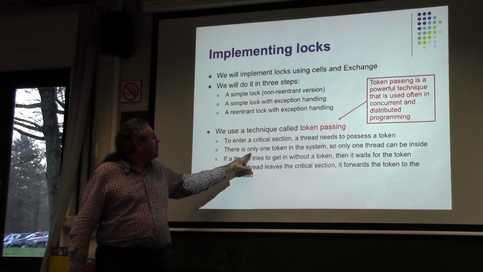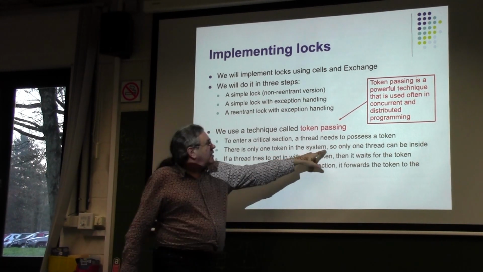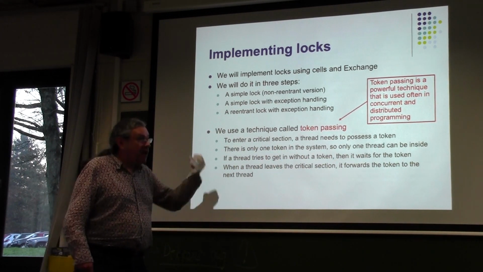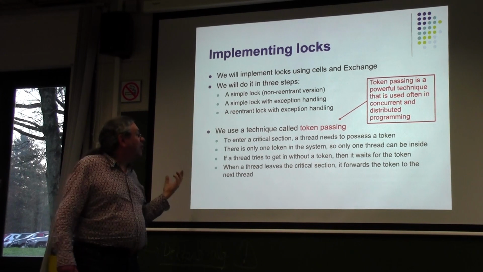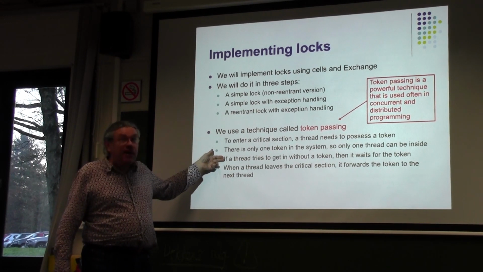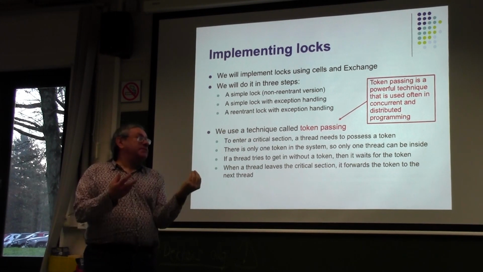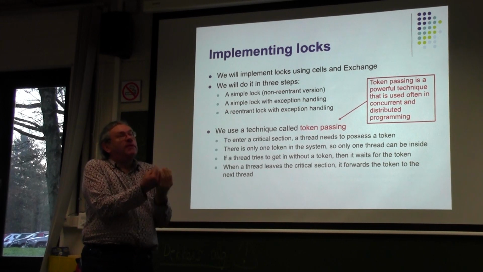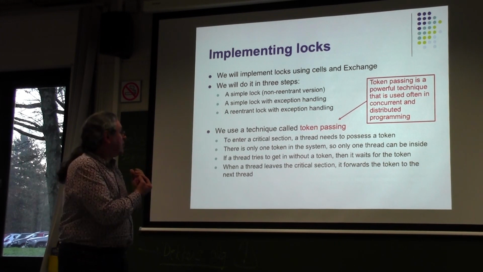But there's only one token. So if there's a thread already inside, then that one has the token, and the one on the outside will not have the token. If the thread tries to get in, and it doesn't have the token, it waits. It says, I want the token, please give it to me, and it will wait there until it gets the token.